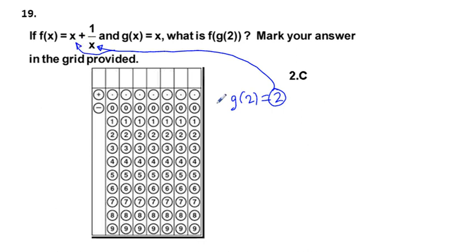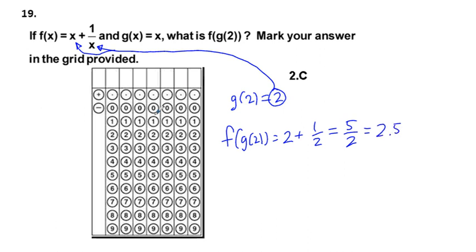So f of g of 2 is going to be equal to 2 plus 1 over 2, which is going to be 5/2. And we need to put a decimalized answer here, so that's going to be 2.5.